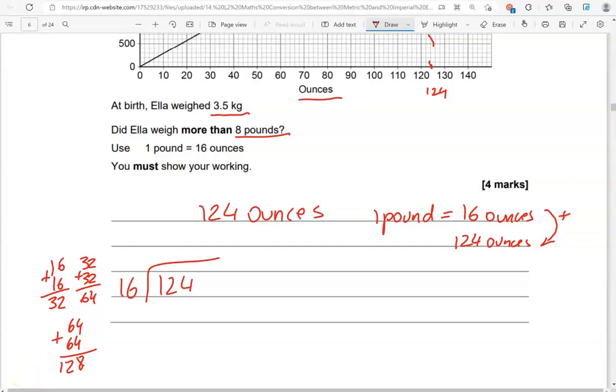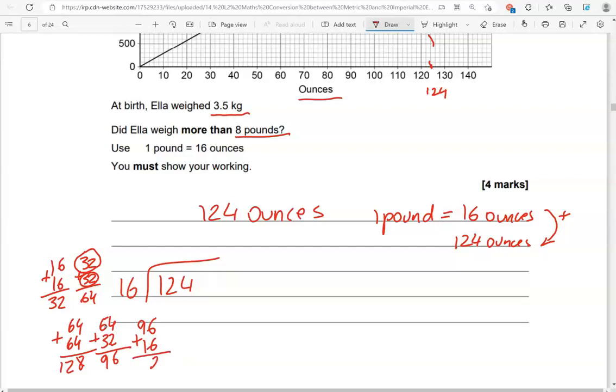So in 64 we have 2 and 2, that is 4 lots of 16. If we add another 2 lots of 16 to make 6, we get 4 and 2, which is 6, 6 and 3 is 9, so that is 96, and we fit one more, so that is 7 lots of 16.